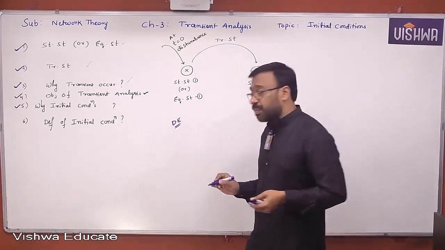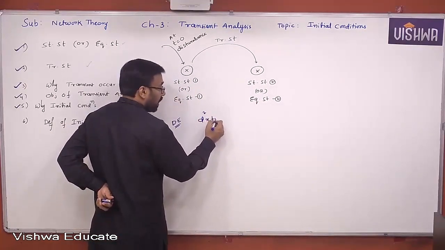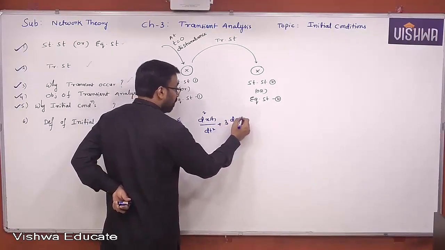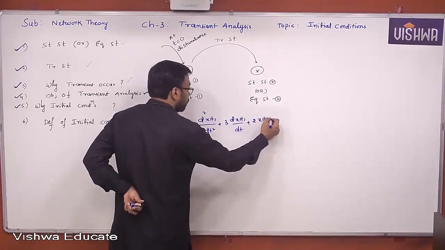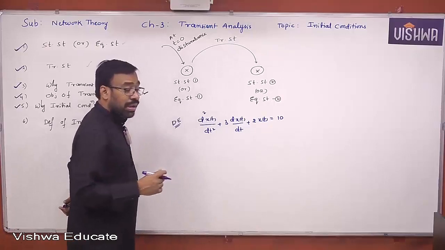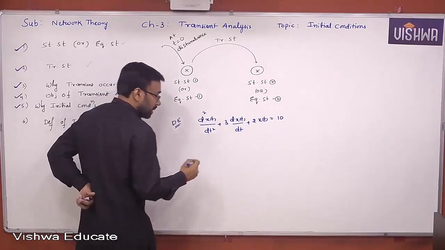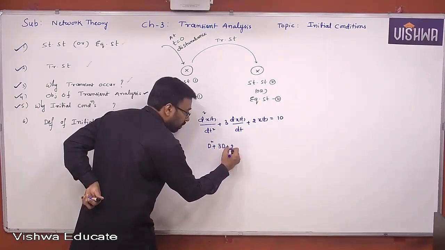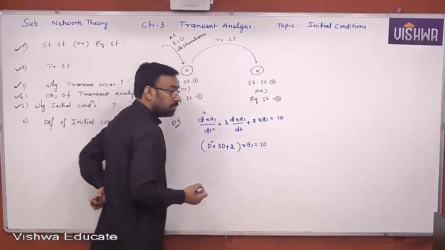Suppose there is a second order system, let us say d square x of t by dt square plus 3 dx of t by dt plus 2 into x of t is equal to, let us say, 10. Assuming that this is a differential equation related to a particular system. Now look at this: D square plus 3D plus 2 of x of t is equal to 10.